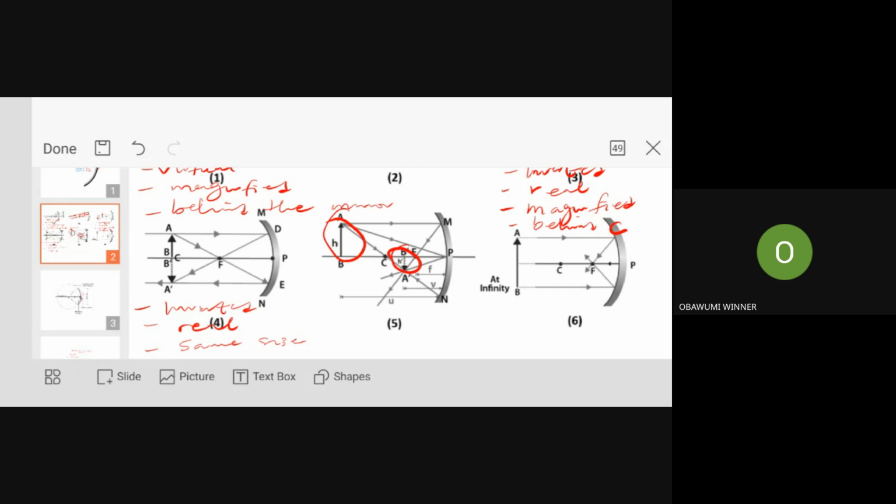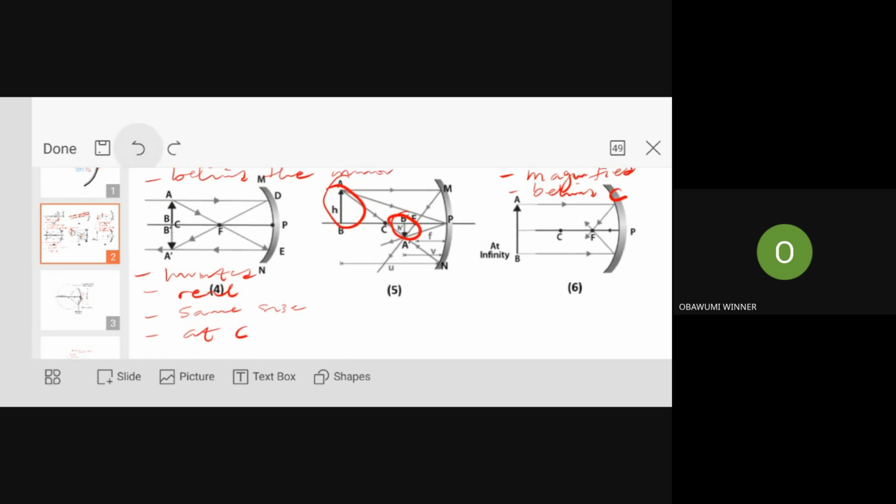But the only thing is that the image is going to be looking diminished. The image will be looking smaller. So I have a bigger object, but I have a smaller image being formed. And the image formed will be between the center of curvature and the principal focus, otherwise the focal point.